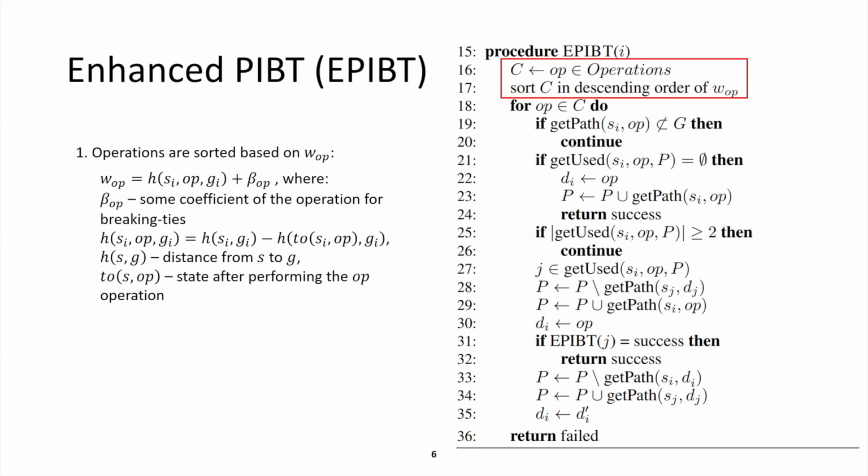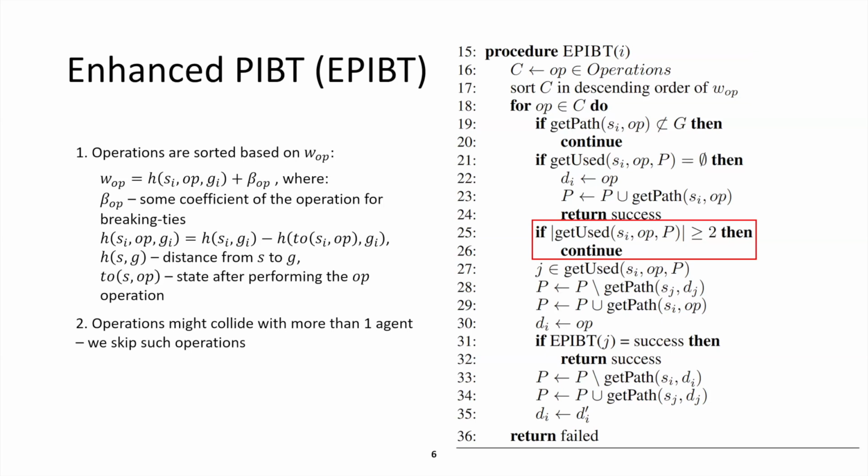And as we have many of them, many of them may result in the same distance to goal, which is used for prioritizing and sorting them. We have added an additional tie-breaking coefficient that prefers moving actions over rotation, and rotation actions over waiting. So we force agents to move somewhere if they can.